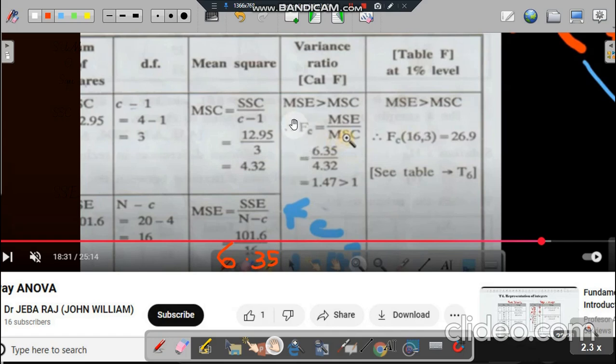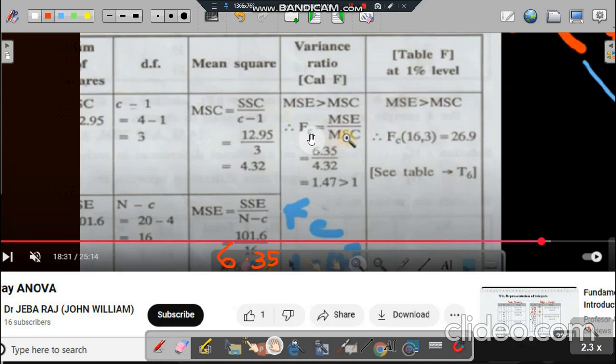So when we calculate FC, the calculated value of F, the greater of these two, MSE and MSC, we write in the numerator, and the smaller number in the denominator. So 6.35 we write here, and 4.32 below, and that gives you 1.47.